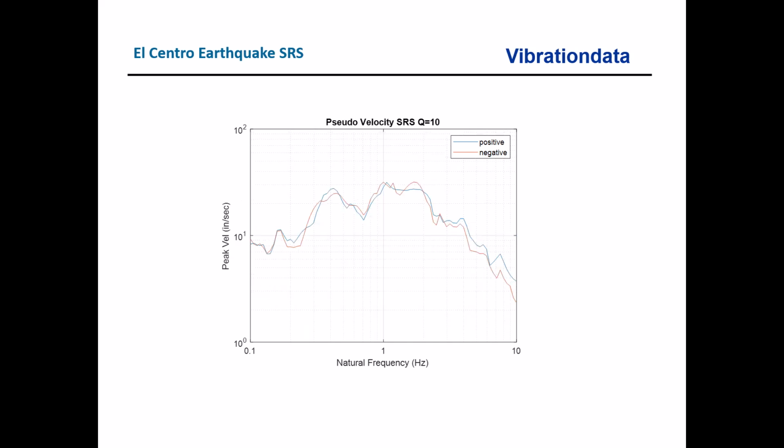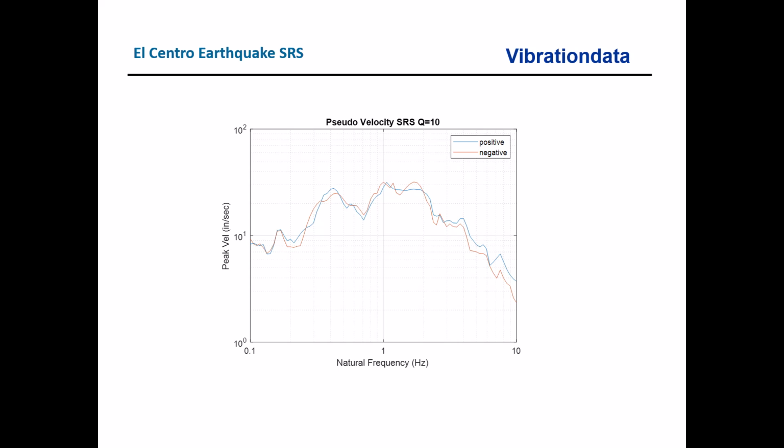So we've got another type of shock response spectrum. It's the pseudo-velocity SRS, Q is equal to 10, and peak velocity in inches per second versus natural frequency in hertz. This is actually calculated from the relative displacement SRS, which is the next slide after this one. So we go to relative displacement SRS, and each relative displacement is multiplied by omega sub n, and that's how we got this pseudo-velocity SRS.